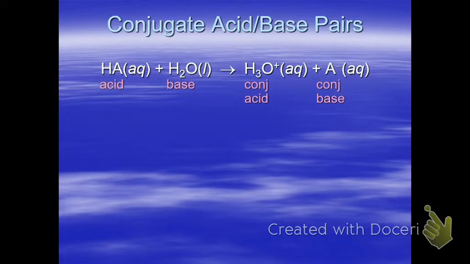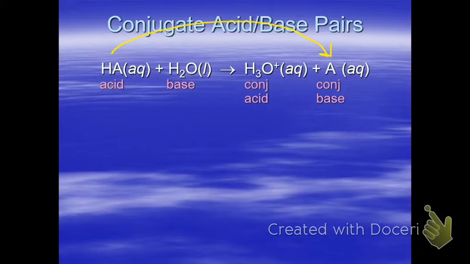What I want you to notice is what happens to HA, our acid. Think about what its definition is. An acid is a proton or hydrogen ion donor. HA is going to give away that hydrogen. And what does it turn into if it does that?